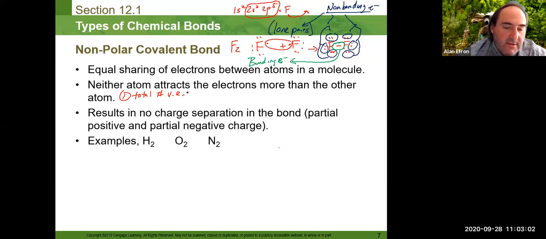Once you do that, you want to make a single bond from the center atom to each of the outside atoms.